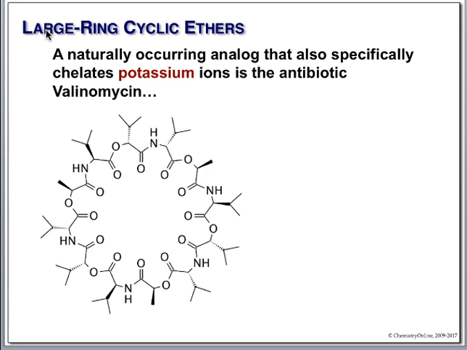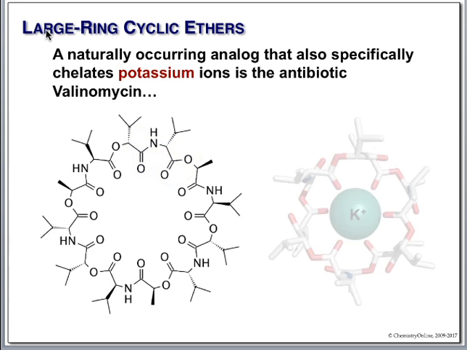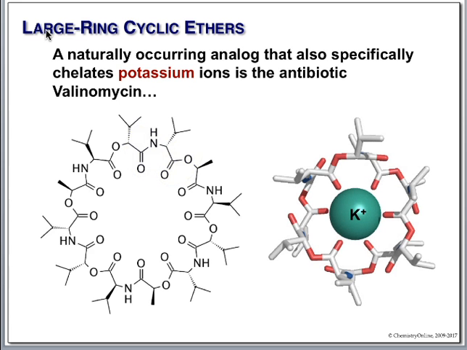The way this thing sets itself up, the amide moieties all point to the middle, and the esters point off to the sides. This, it so happens, exactly fits a potassium ion. So here's all your amides pointing in, just like 18 crown 6. Potassium in the middle.